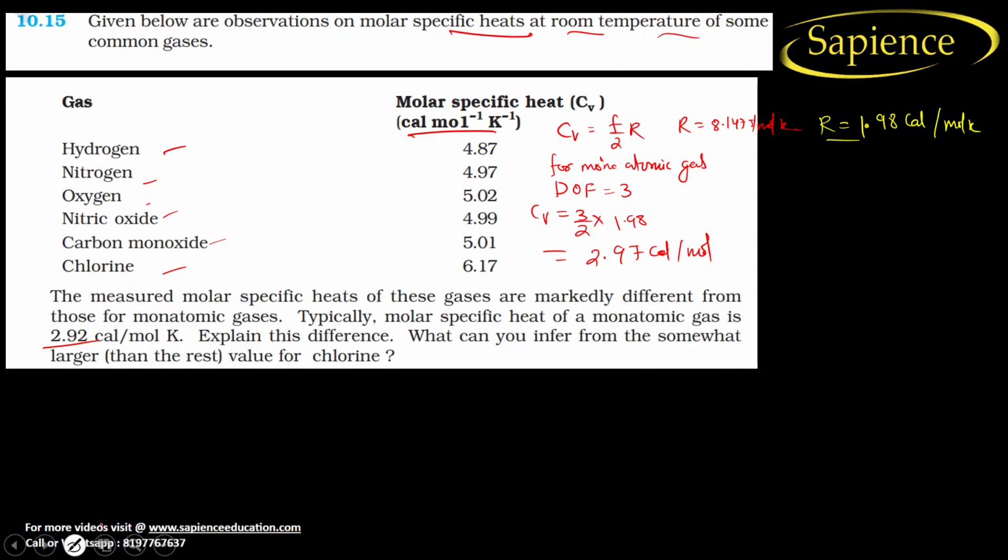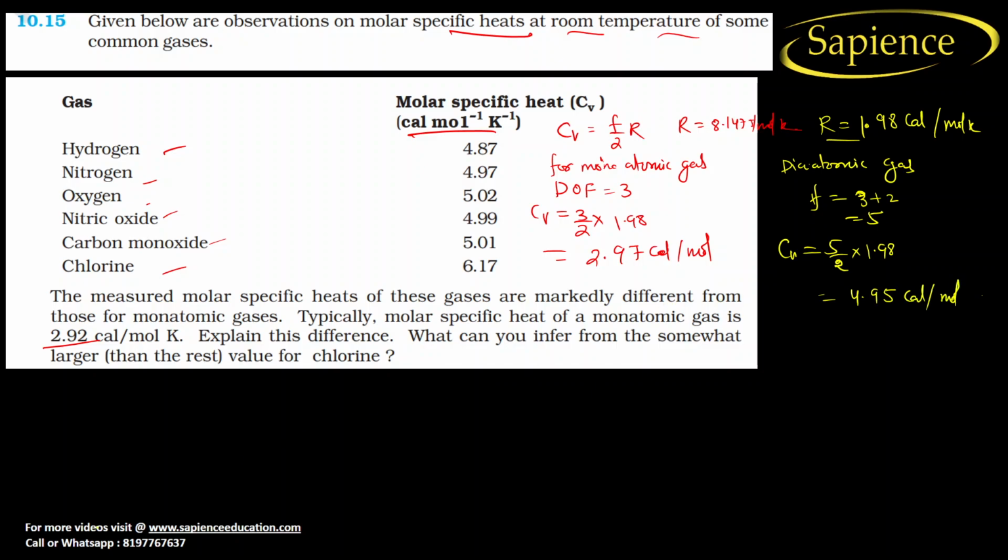But when we talk about the diatomic gas, the degree of freedom, that is the value of f, is equal to 3 plus 2, that is 3 translational and 2 rotational motions. So the degree of freedom is 5. So for a diatomic gas, Cv is equal to 5 by 2 into 1.98, which is approximately equal to 4.95 calorie per mole.